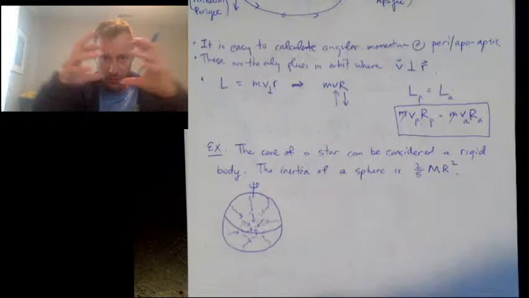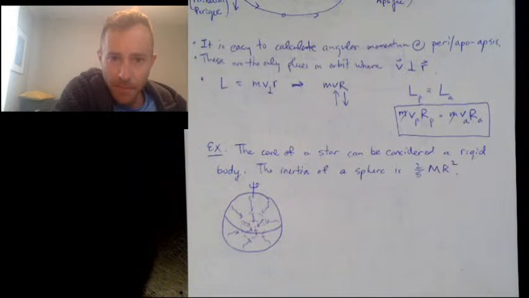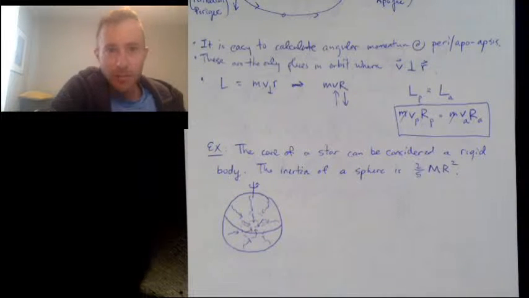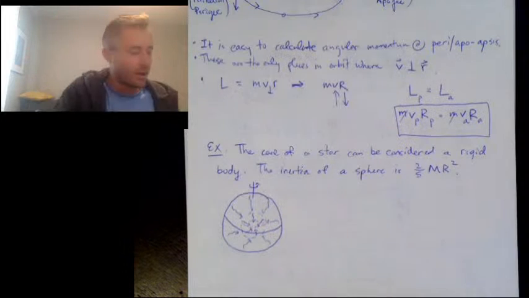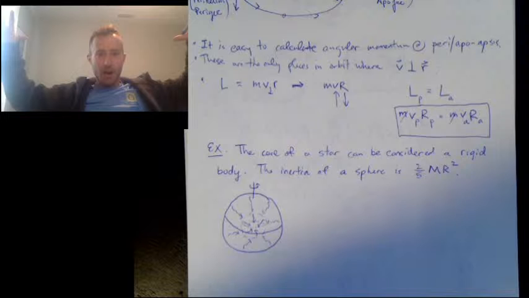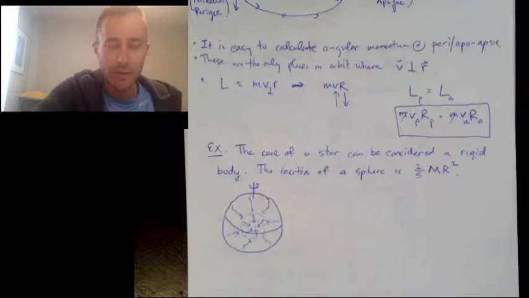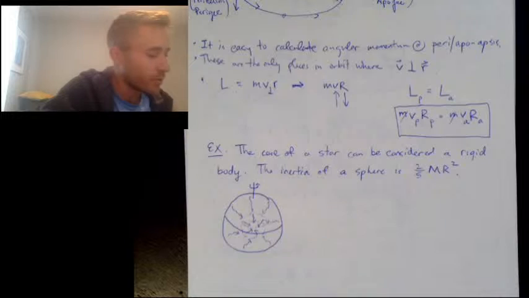So the core compresses as much as it can, and then it stops getting compressed. And the outer atmosphere of the star bounces off of the core. It goes bing like that, and it bounces off, and it creates what's called a supernova explosion.